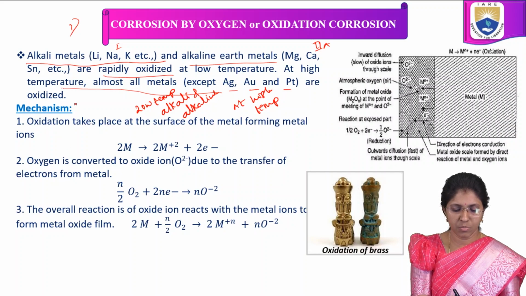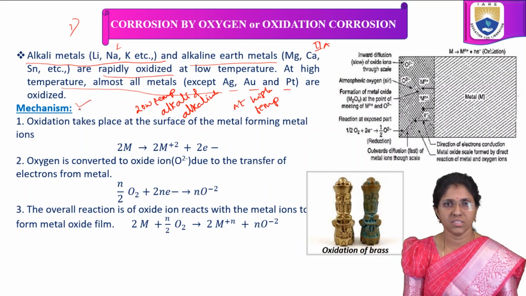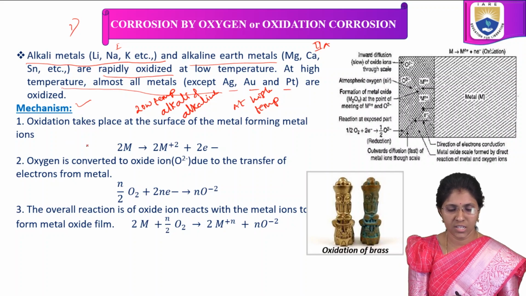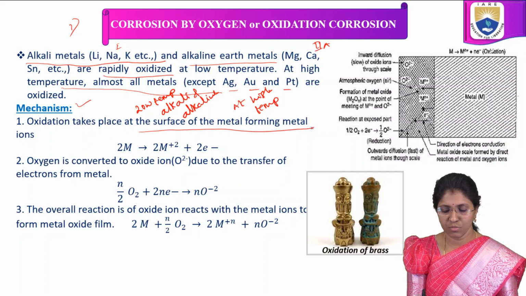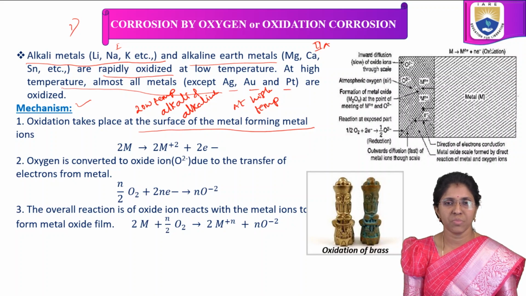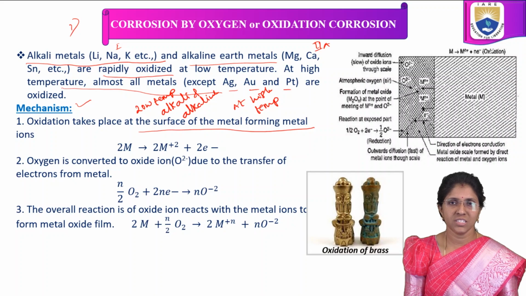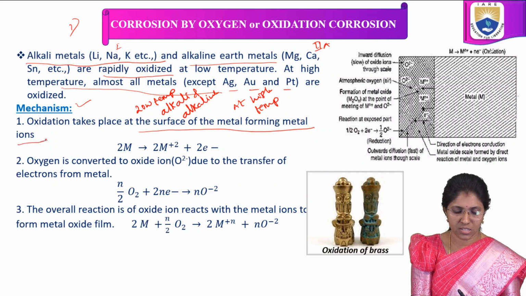Now the mechanism of corrosion by oxygen. Corrosion by oxygen means the metal reacts with oxygen and forms metal oxides. Oxidation takes place at the surface of the metal, forming metal ions.